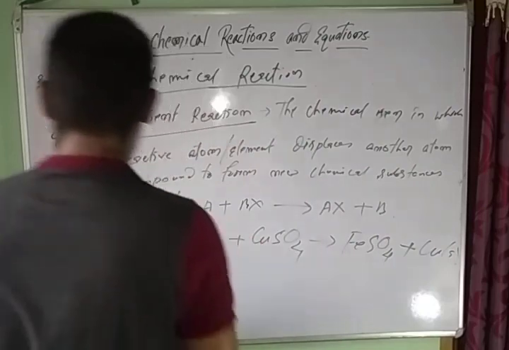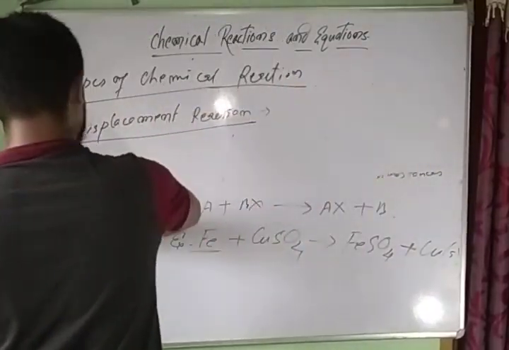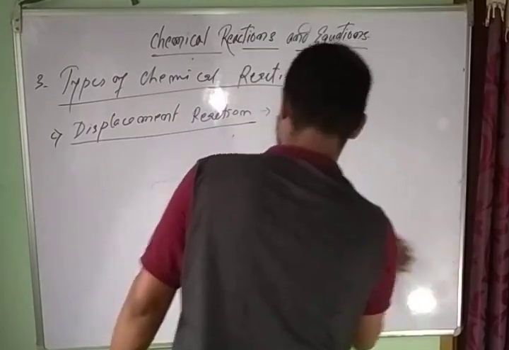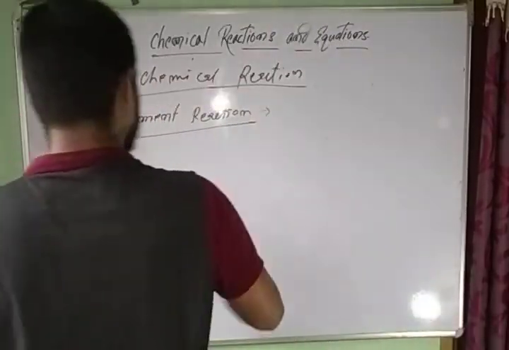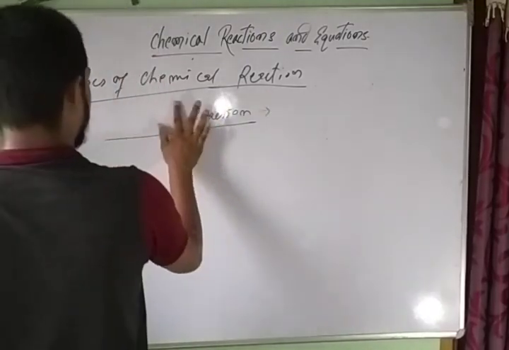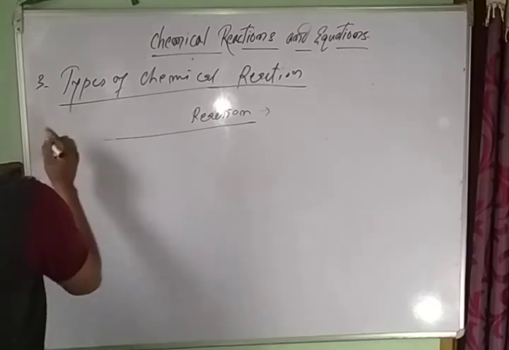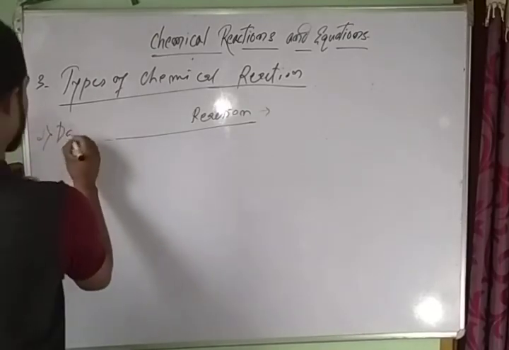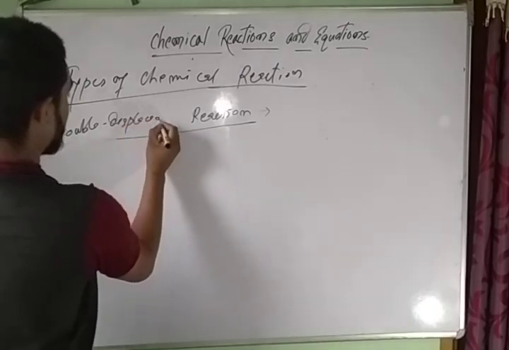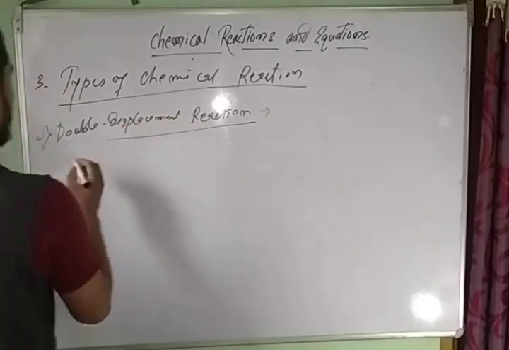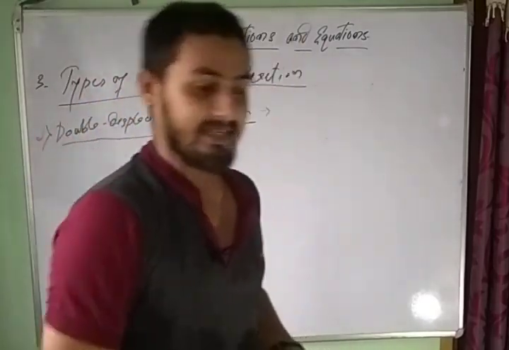And the next one is double displacement reaction. So double displacement reactions are the reactions in which the positions of ions are exchanged together.